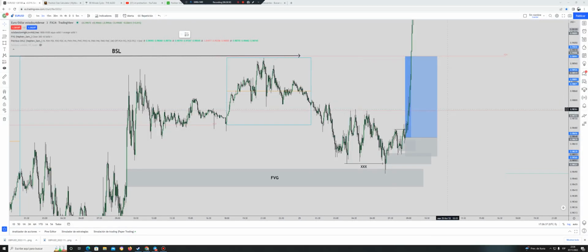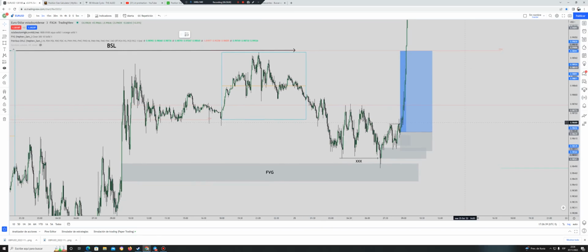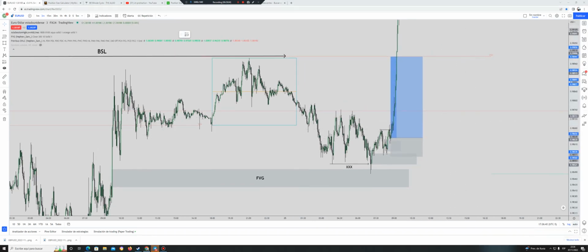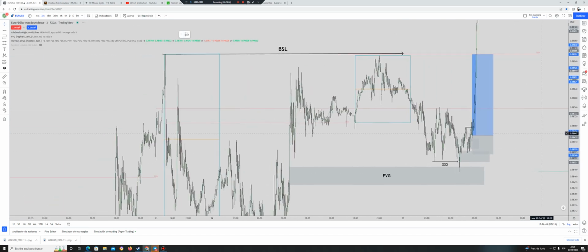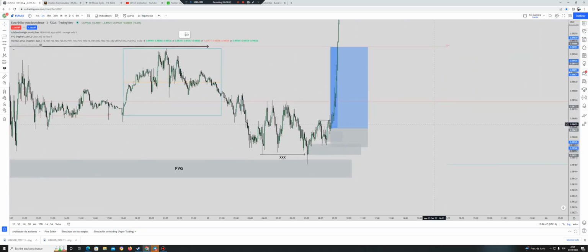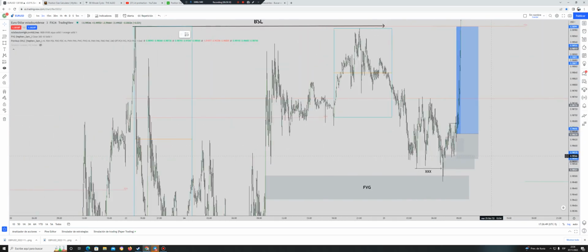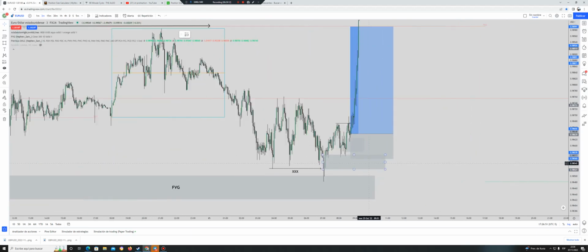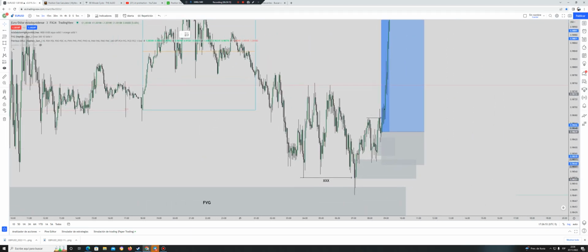The example I've got here for you guys is this one. This was a trade I took, like I said before, I posted on my Telegram group. And of course you always need to have a context. I already explained this to you. But look at this, we go here: 8:30, 8:40.